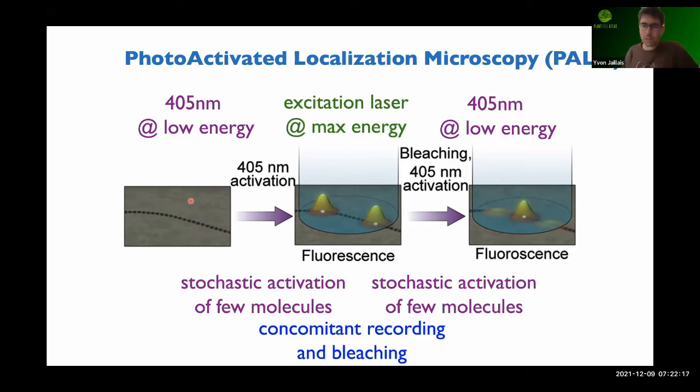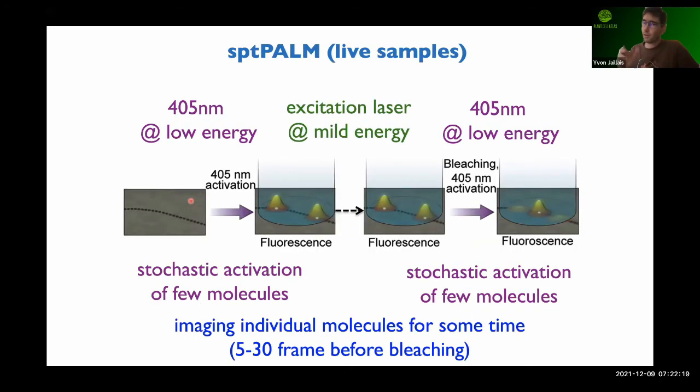What we did is actually not a PALM experiment, but a variation called SPT-PALM, which stands for Single Particle Tracking PALM. It is almost the same, but we make two small variations that make the experiment completely different. The first is that instead of a fixed sample, we use a live sample because we are interested in protein dynamics.